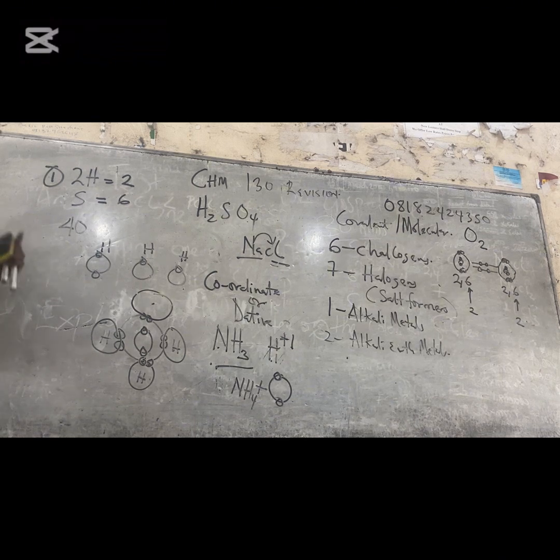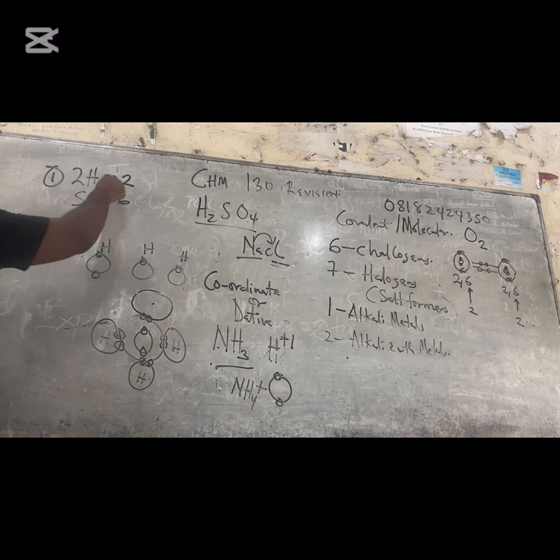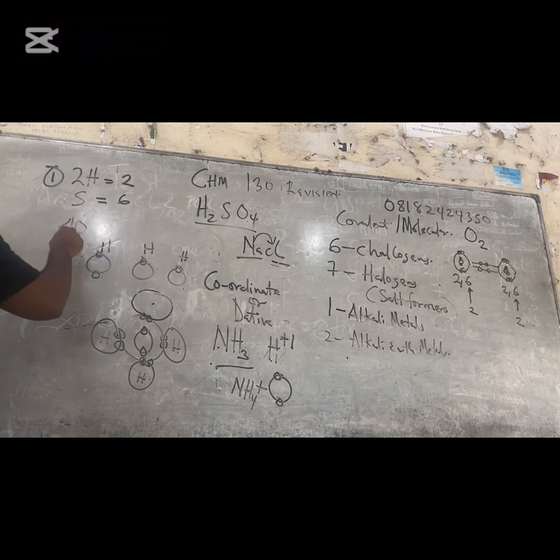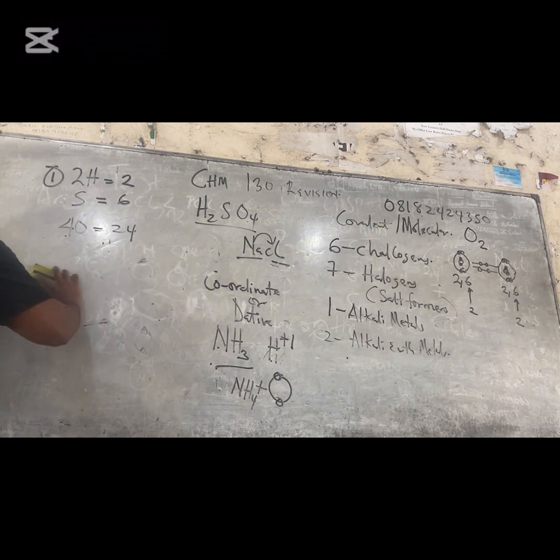Now let's apply the Lewis structure. First, determine the total number of valence electrons. We want to draw the structure of H2SO4. H is 2, sulfur is 6, oxygen is 6 too, but 6 times 4 is 24. So this is how you determine the total number of valence electrons: find the number of valence electrons in each atom of the compound.